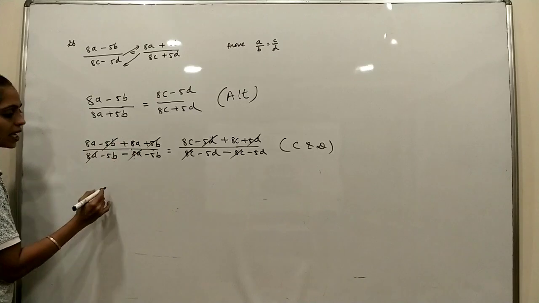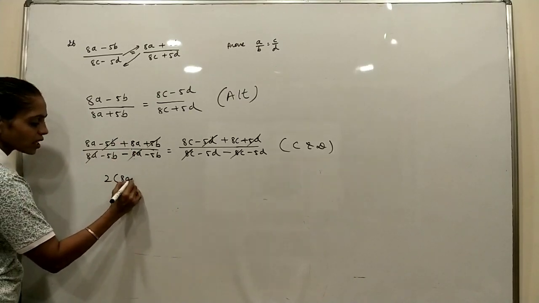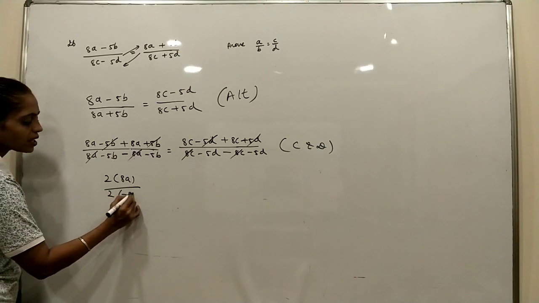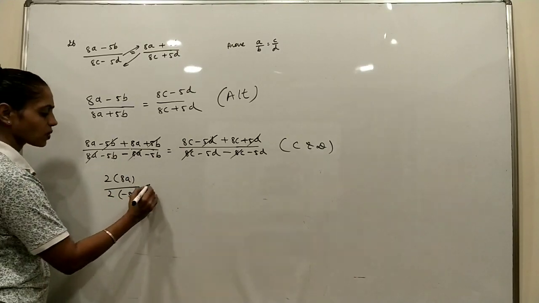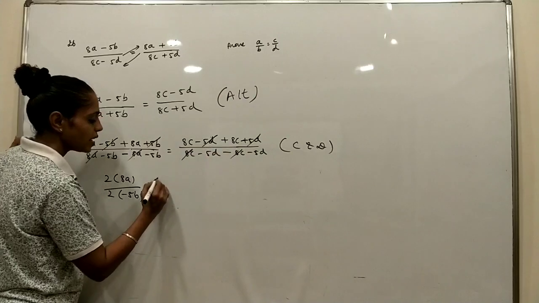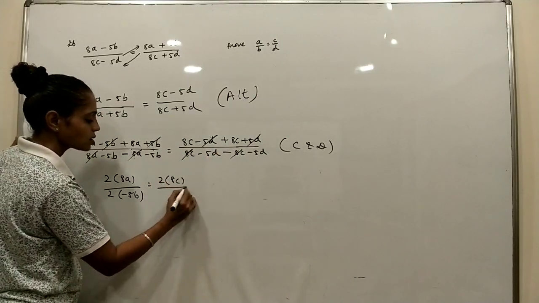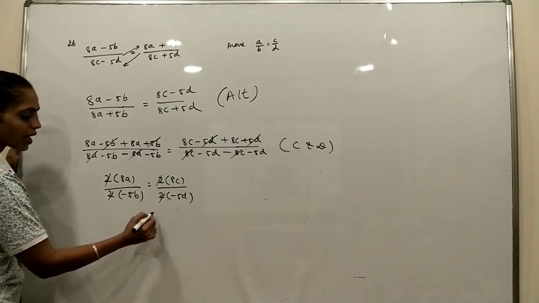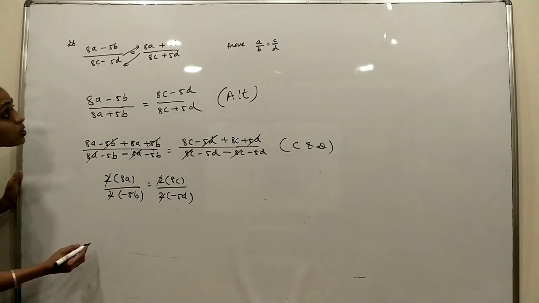So 8a and 8a is 2 times 8a, and 2 times minus 5d. Then 8c, 8c is 2 times 8c, 2 times minus 5d. The 2 cancels.